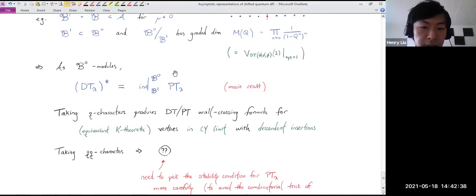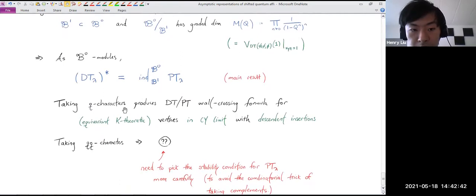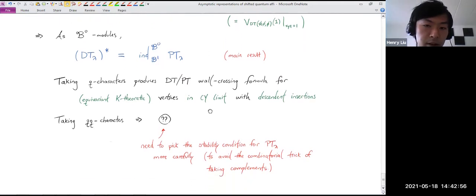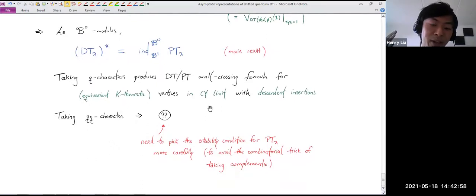And so if you take this relation between modules and you pass to Q characters, you actually get some kind of wall-crossing DT-PT formula. And because we're working in Q characters, this will be for vertices in the Calabi-Yau limit. Now, of course, you'd like to go outside of the Calabi-Yau limit, which actually was the original impetus for even thinking about QQ characters in this context.